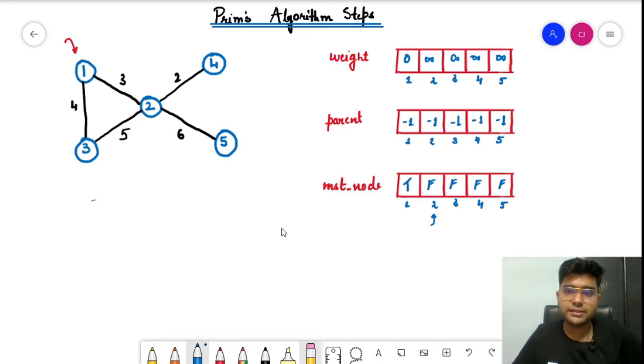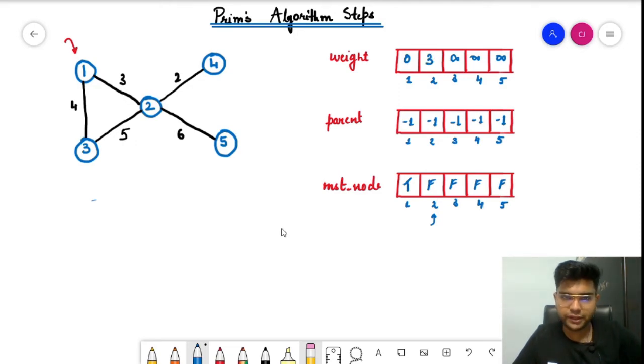Now what is the weight associated to reach this node from vertex 1? That is 3. Is it better than the weight that we have at present? At present we have infinite. Yes, it is way better, so we'll update the weight here as well. The weight is 3.